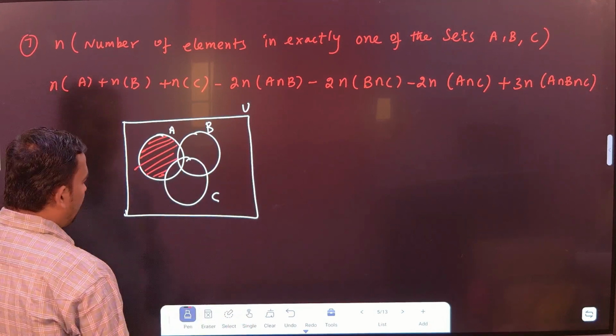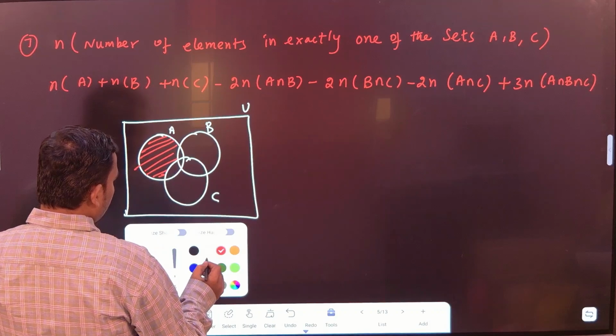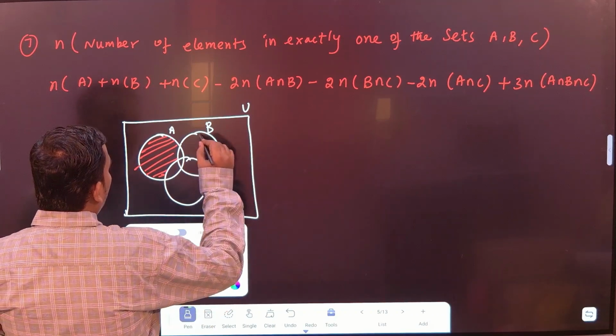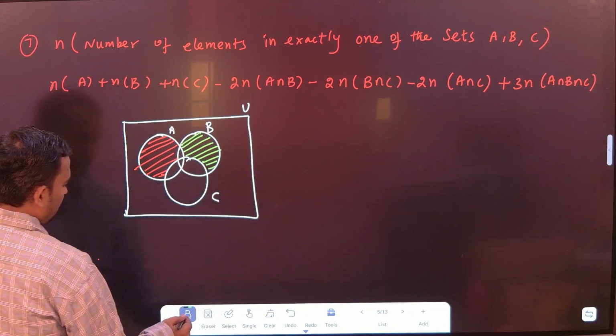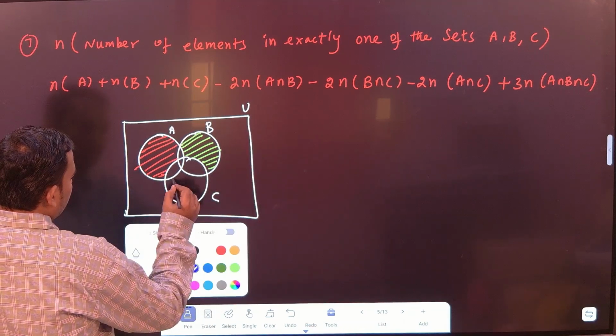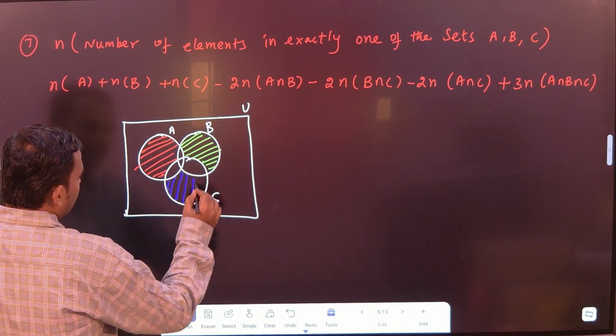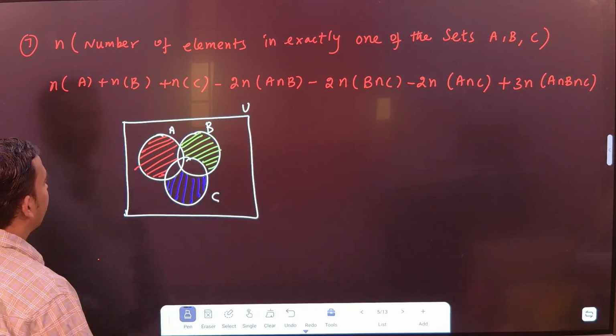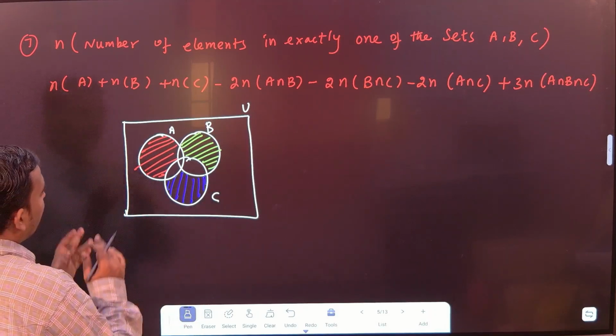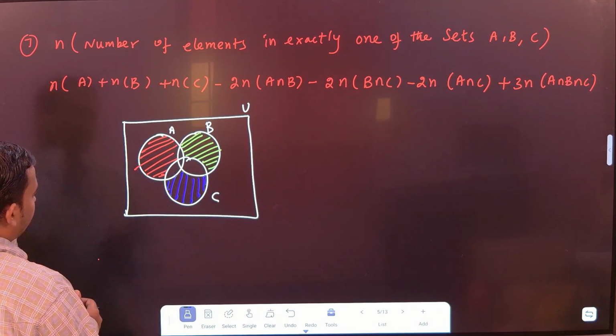This is completely A, this is completely B, and this is completely C. Exactly one of A, B or C. Okay, those red color portions, how to write?